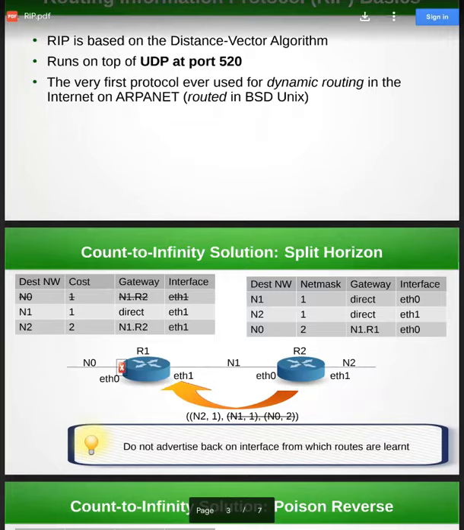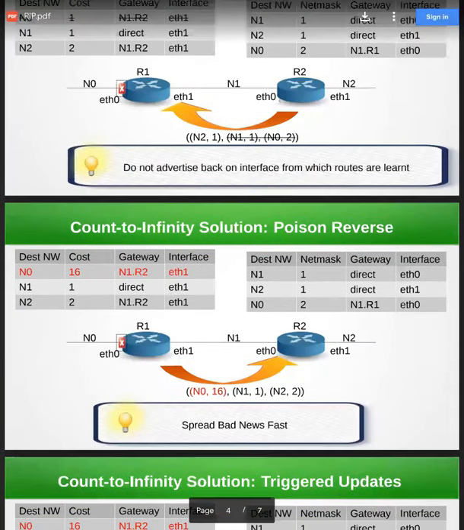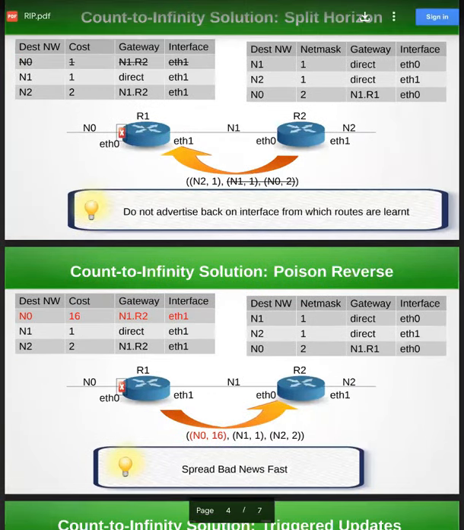Okay. Second solution, this is what Farzeen has suggested. Use the cost 16, don't remove the entry. How is this an advantage? Because if you didn't do this, what are you doing in your advertisement? You are including N0 with cost 16 to R2.